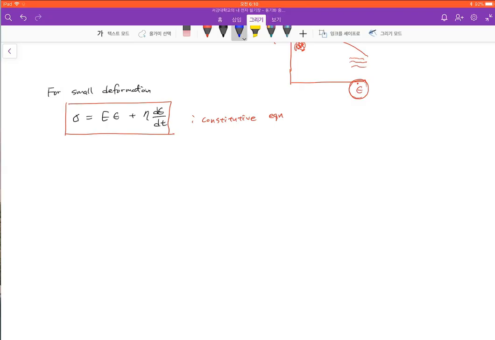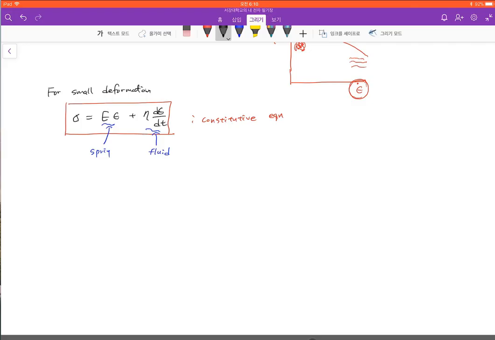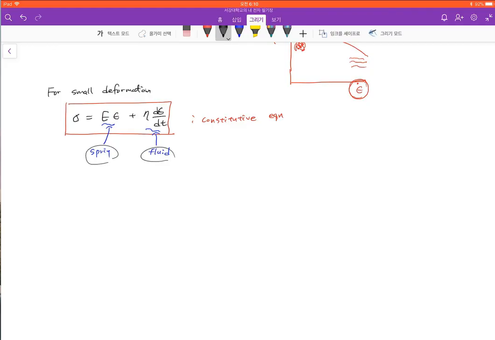So we can consider polymers as some kind of spring and some kind of viscous liquid, fluid. So we need to model this behavior of polymers.